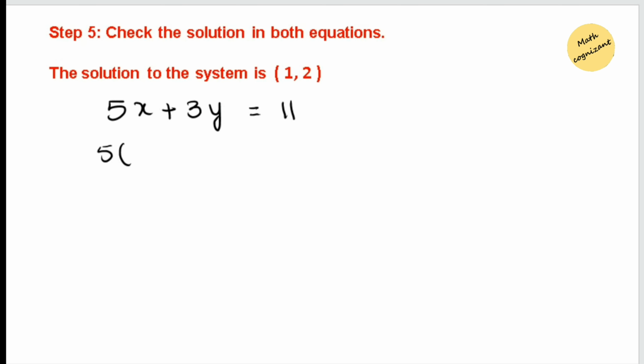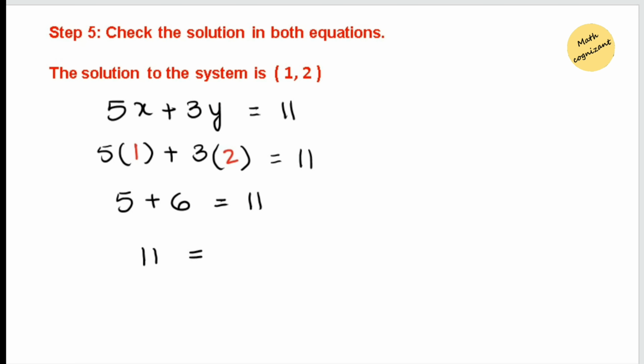In place of x, we'll write it as 1. In place of y, we will write it as 2. And calculate both the sides of equal differently. So 5 times 1 plus 3 times 2 equals to 11. That gives 5 plus 3 times 2 is 6 equals to 11. Both the sides of the equation are the same number, so the solution is correct. It satisfies the equation.